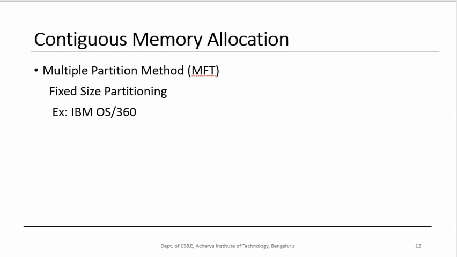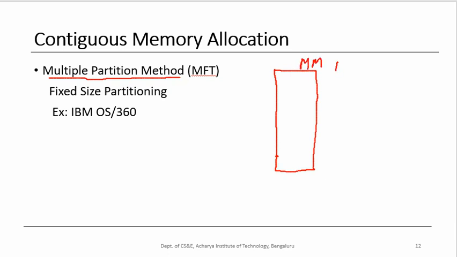Okay, let me discuss the multiple partition method or fixed size partitions method of memory allocation. Now if memory is having a capacity of 10 kilobytes, then the entire memory is divided into n number of partitions.